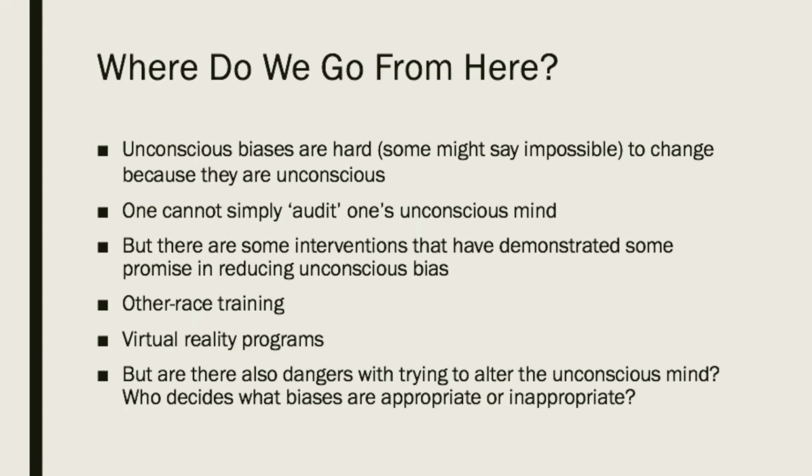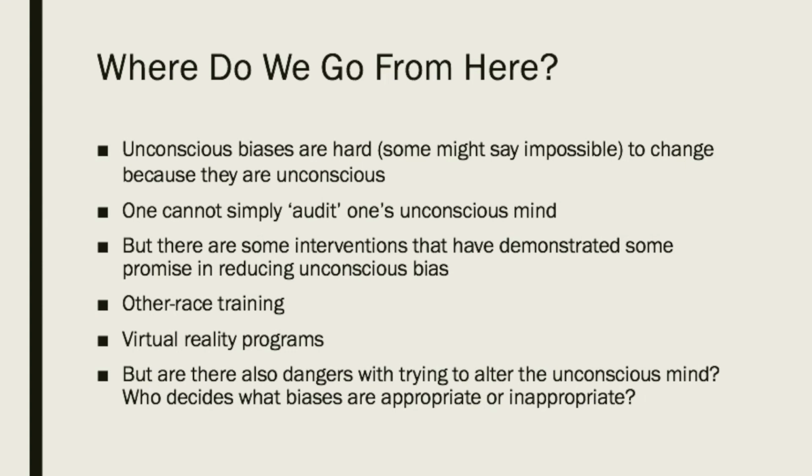Well, that's a bit depressing now, isn't it? Unconscious bias is dangerous and it's prevalent. It impacts people's life chances in ways that we are not even aware of. So, what are we supposed to do about it? Unconscious bias is hard, if not impossible, to change.